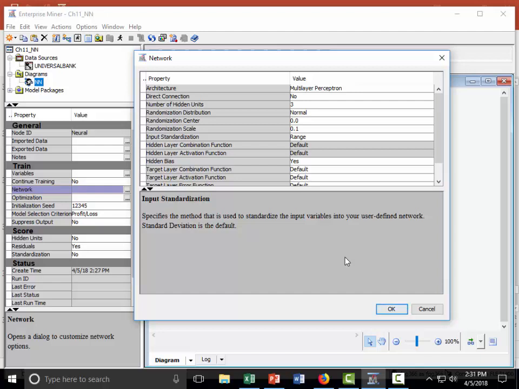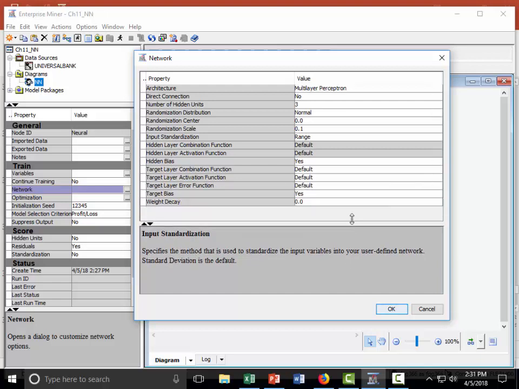That is the standardization that will be performed. All right. So that's it. Those are the things that you want to set. Okay. So we will keep the defaults for the others. So that completes your network.